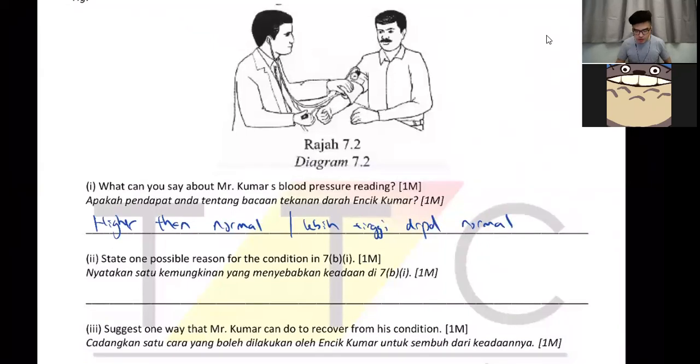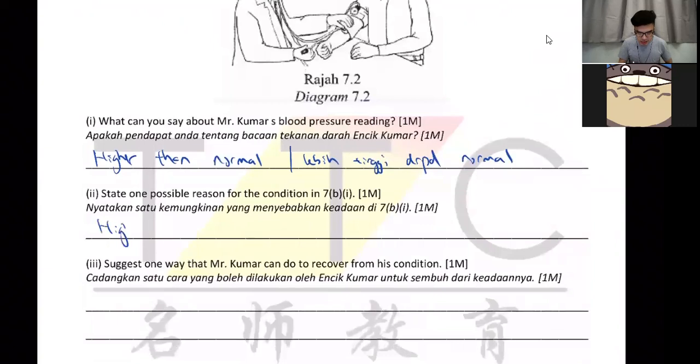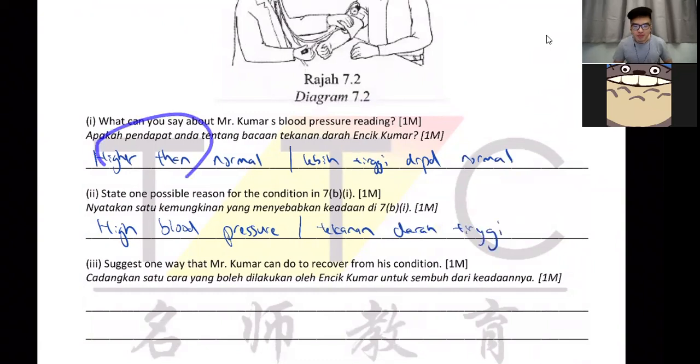So state one possible reason, because he has high blood pressure. Tekanan darah tinggi. Okay, this is a shitty answer lah. It's like asking, why do you have high pressure in your blood? Because you have high blood pressure. Well, no shit.